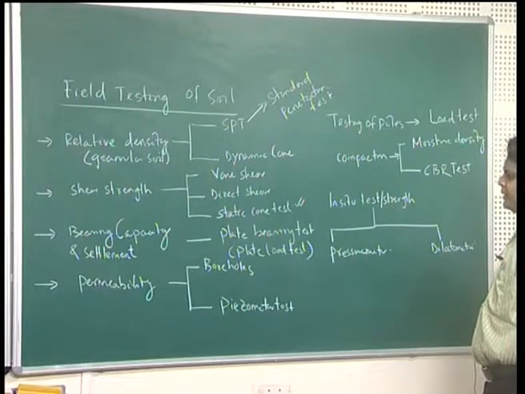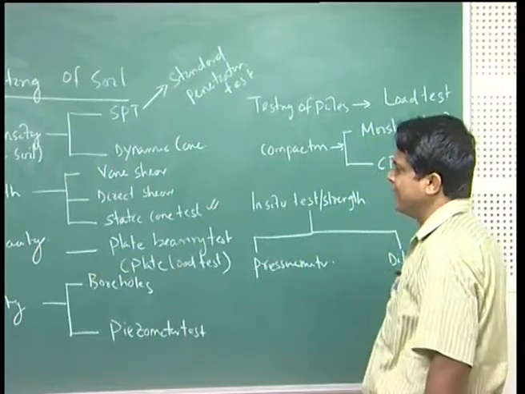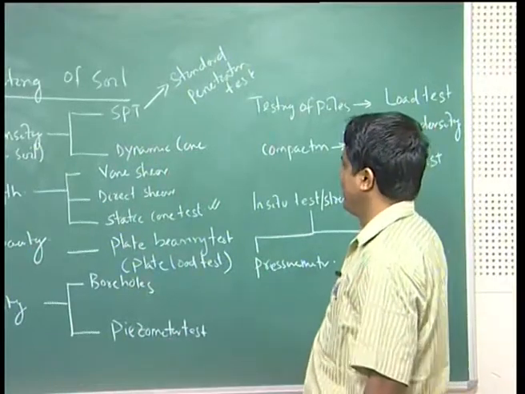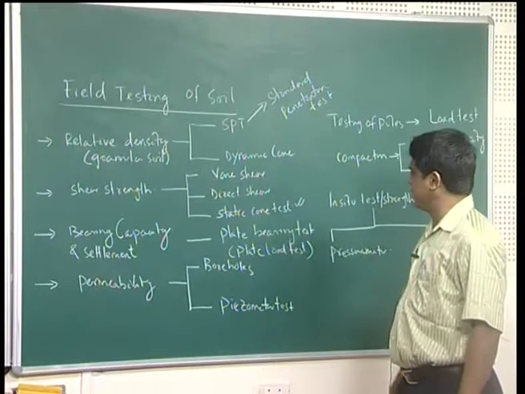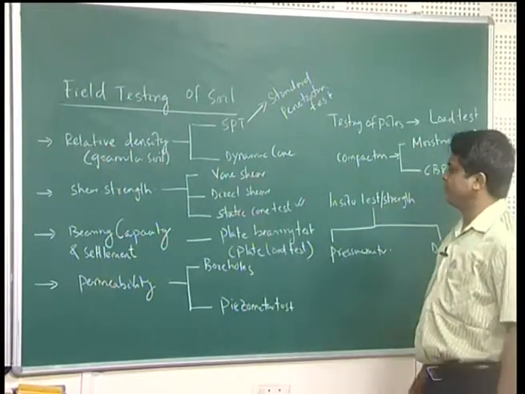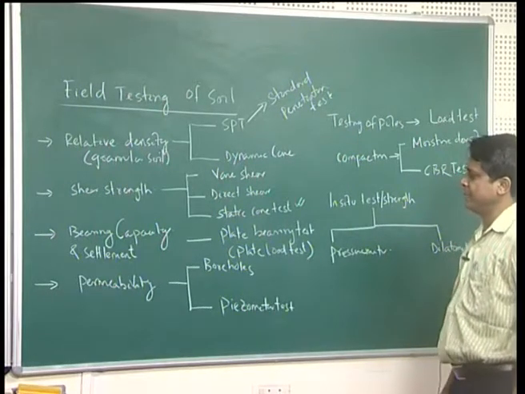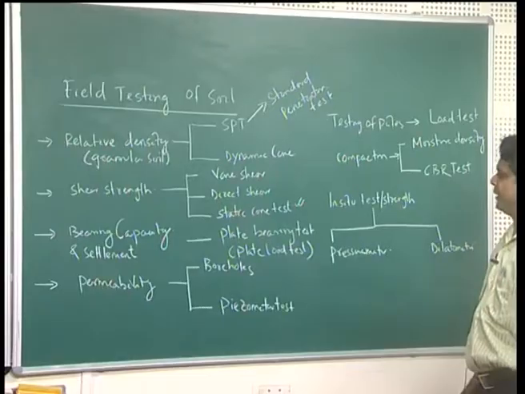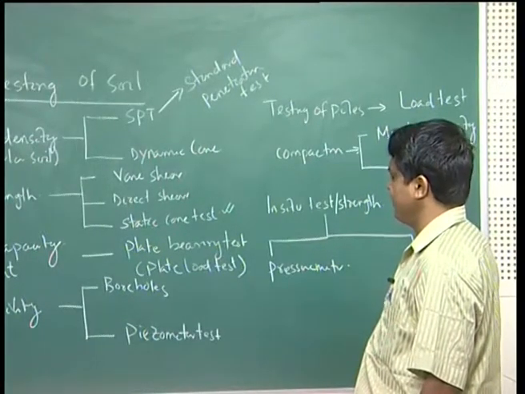Bearing capacity and settlement: bearing capacity of footing and settlement can be determined at shallow depth by conducting plate load test, and with this plate load test suitable correlations have been given to find out the bearing capacity and settlement of footing. Then in situ permeability test can be done by means of boreholes and piezometer test.